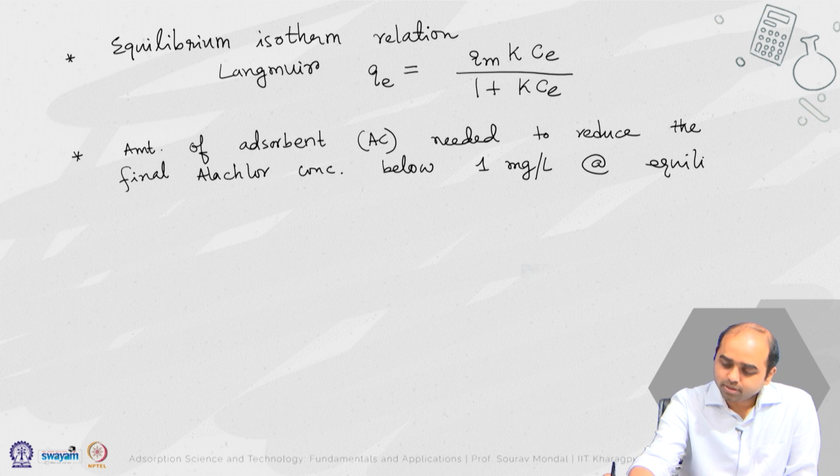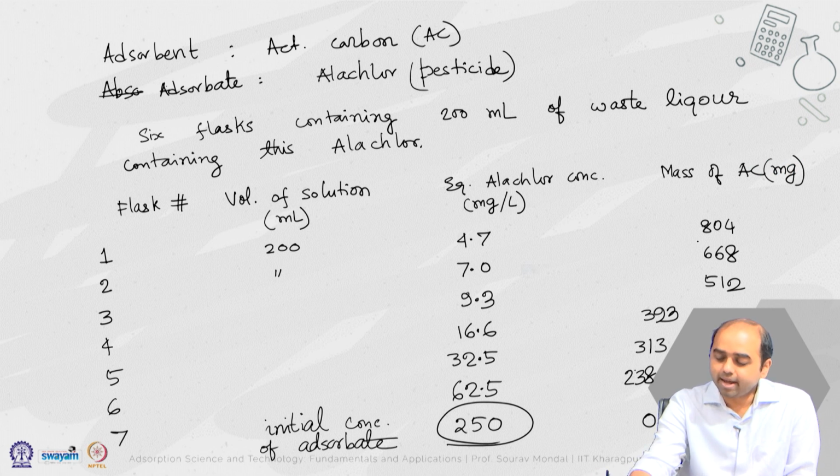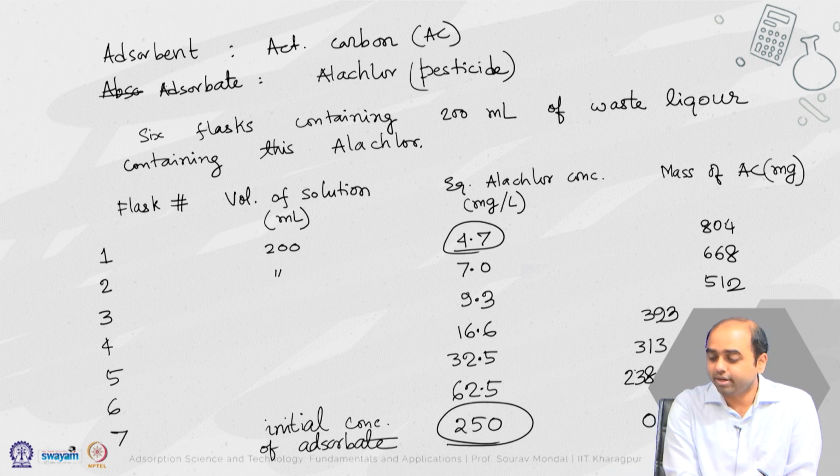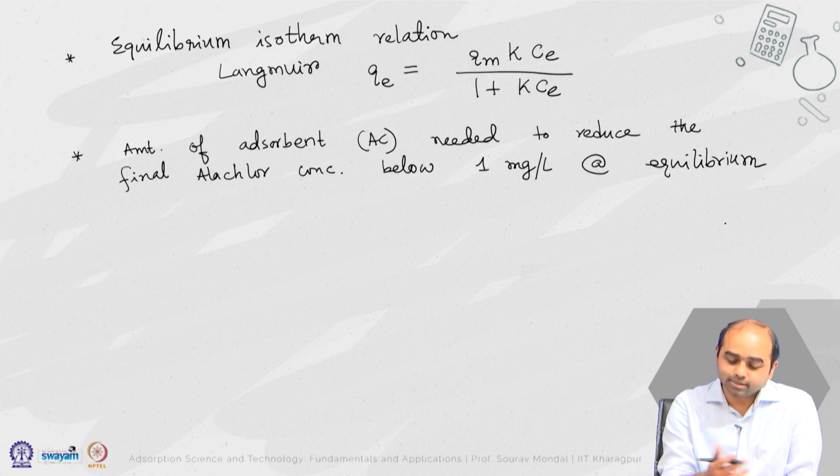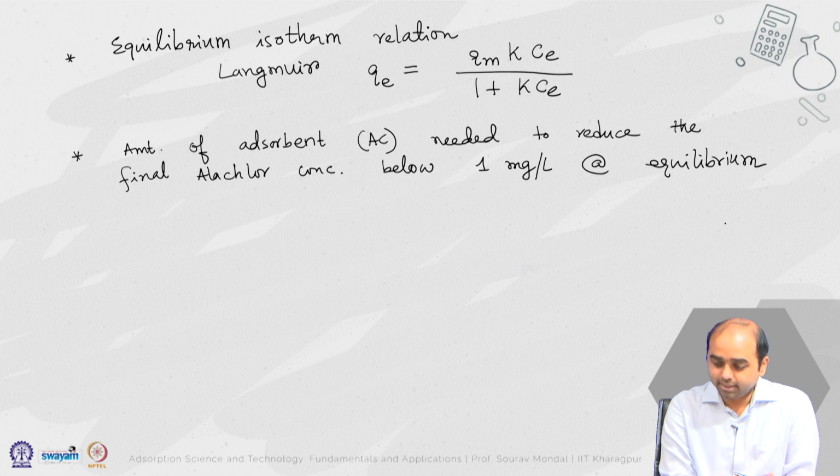Because if you note, in the experiment with different amounts of adsorbent, the minimum equilibrium concentration attained is 4.7 milligrams per liter even after adding around 800 milligrams of activated carbon. So the idea is to treat 200 ml of the solution and find the amount of adsorbent needed so that the final equilibrium concentration reaches 1 milligram per liter, which is around the environmental disposal limit for alachlor.